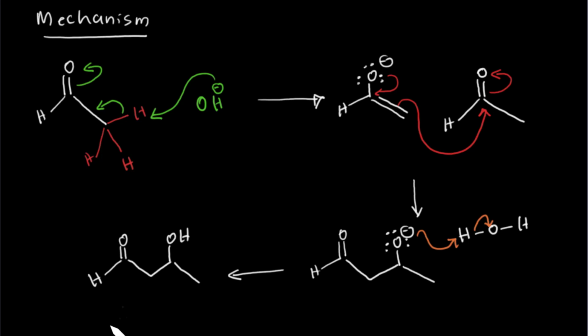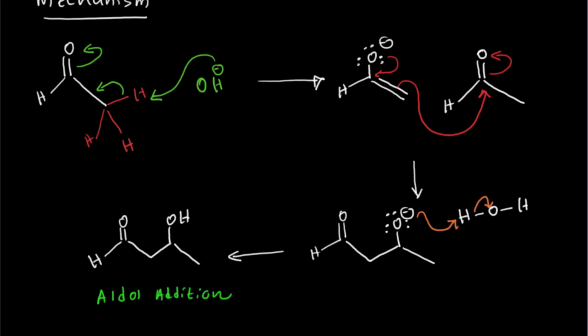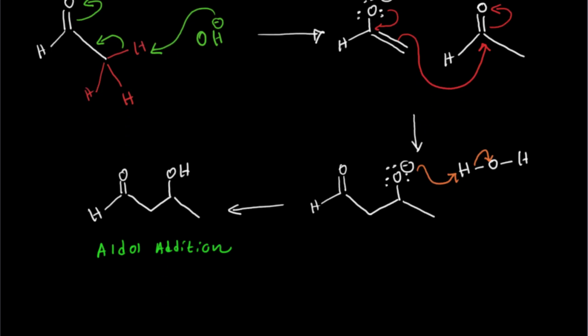After this step we call it aldol addition. If you remember at the very start, I said this is the aldol condensation reaction. The aldol condensation happens when we heat the reaction.